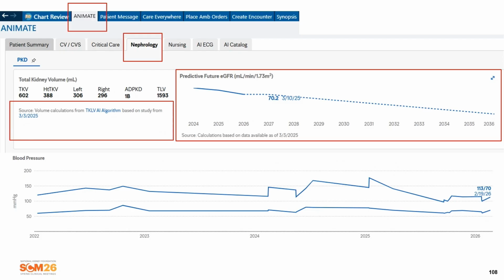You can see that in the electronic health record now, we have total kidney volume calculated by AI, and then plotting the GFR curve for us. And now, when I see that, I can understand, okay, over time, should I start the patient on tolvaptan therapy for polycystic kidney disease now or not, to help slow the kidney disease progression?